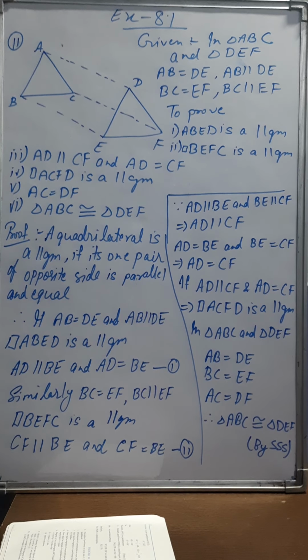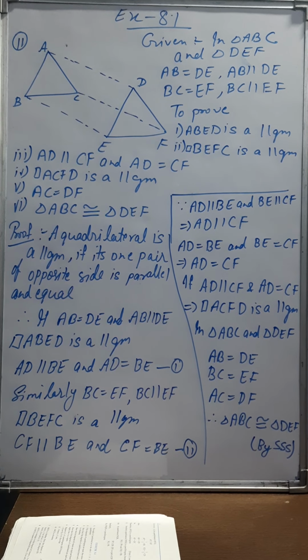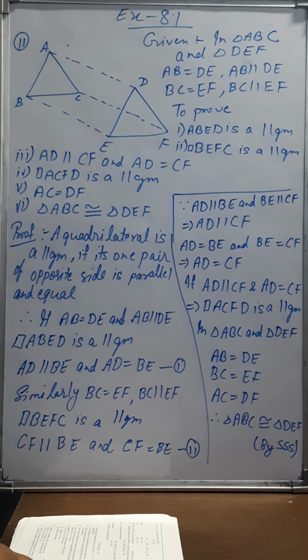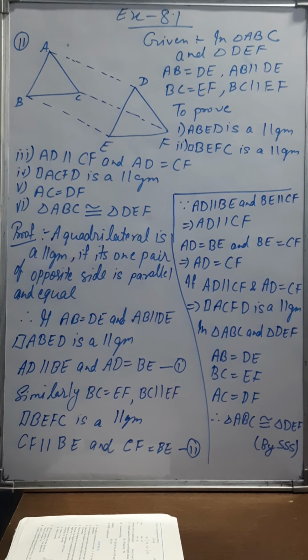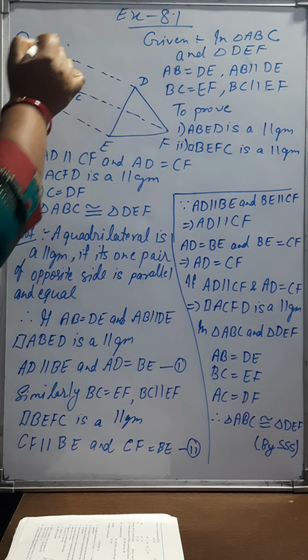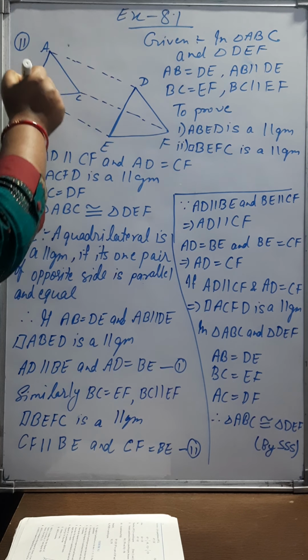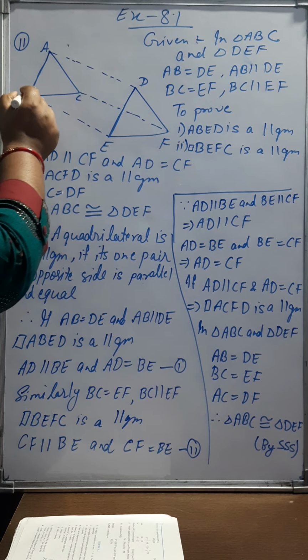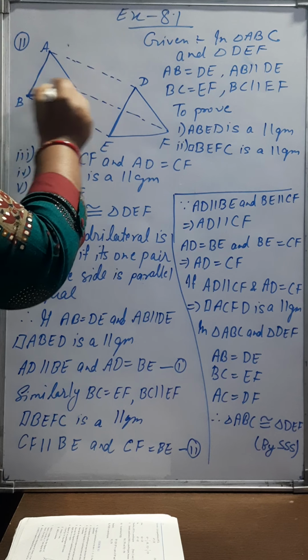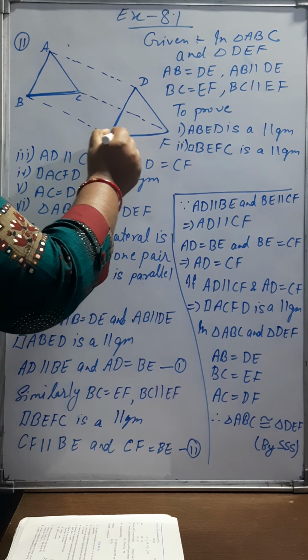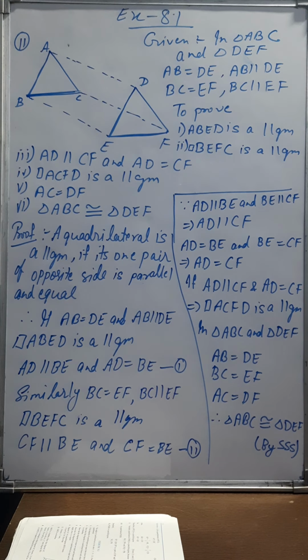Now see question number 11, which is a bit lengthy, but you will understand this. This question says, you can see triangle ABC and triangle DEF. AB is equal to DE and AB is parallel to DE. Also, BC is equal to EF and parallel to EF as well.